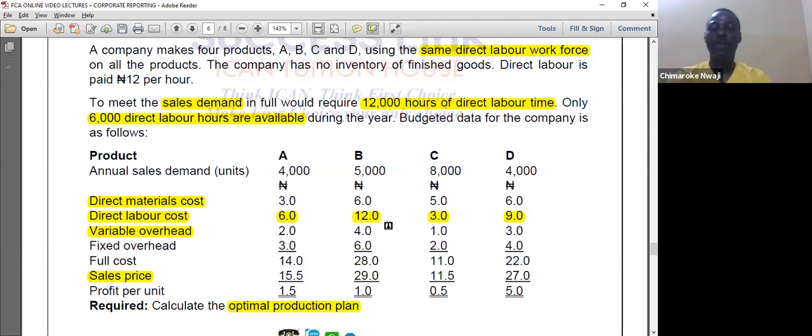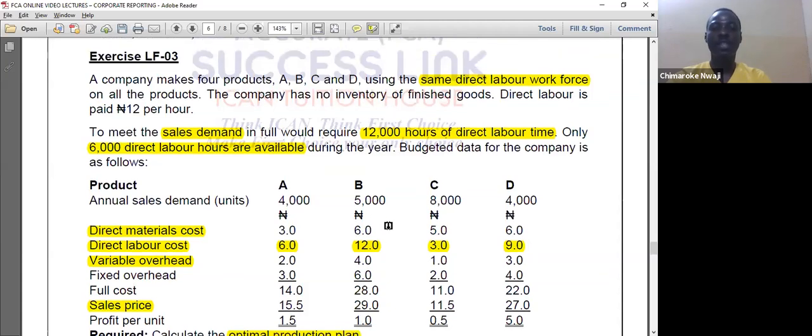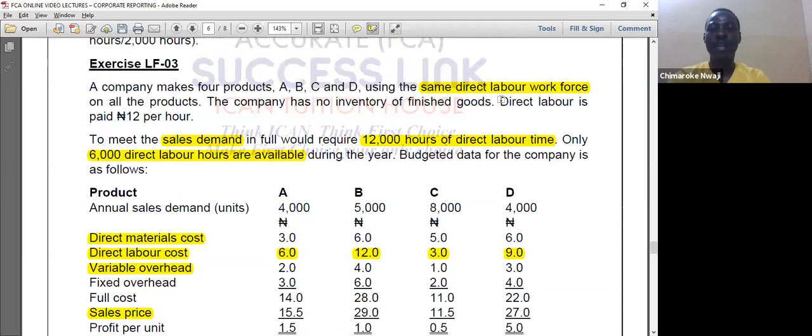Now, look at what we got here. The question says direct labor is paid at 12 naira per hour.